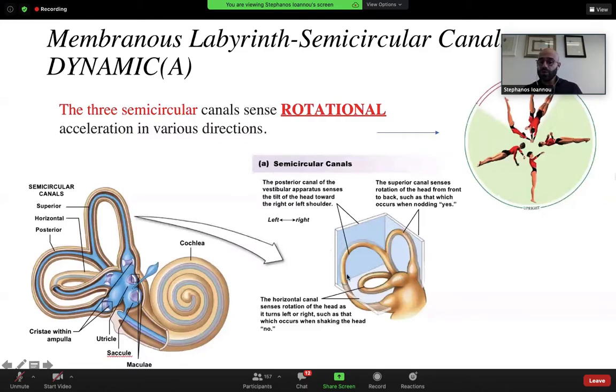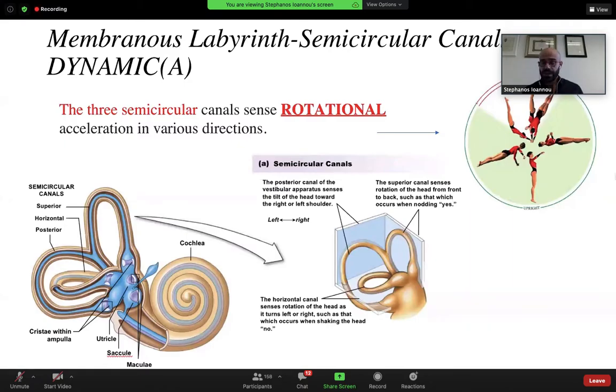So we have the posterior semicircular canal that is going to tell us if the head is in the left or the right position. We have the superior canal, which is important when it comes to nodding. And we also have the horizontal canal when we're talking about moving the head towards the upright position and saying no.